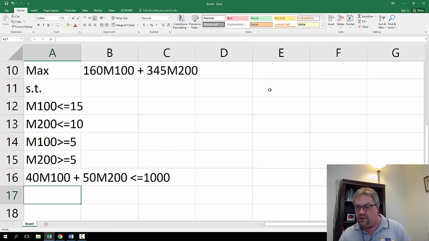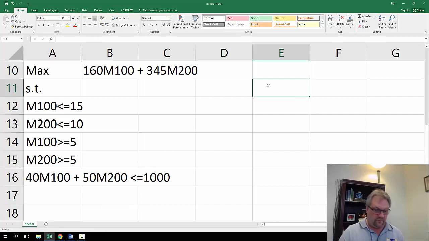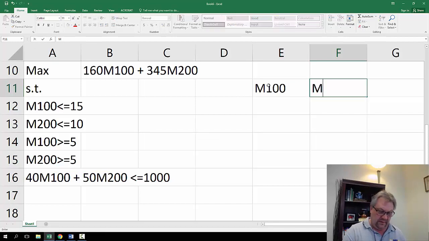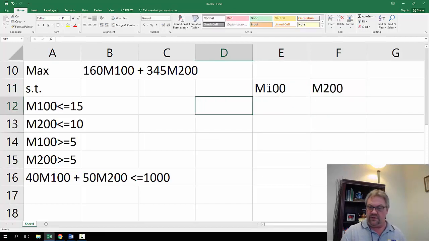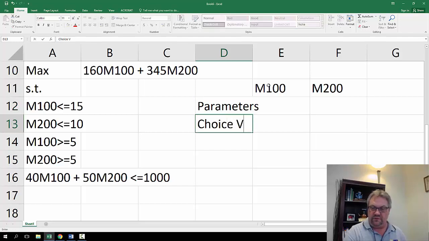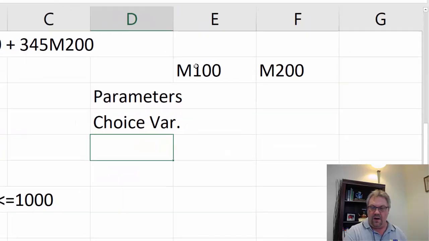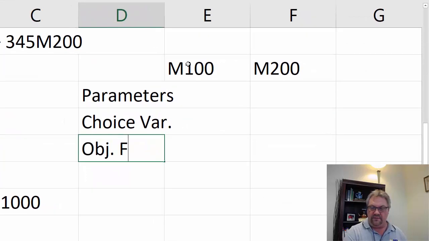So now what I want to do is set this up for Solver. M100, M200. My parameters, my choice variables, objective function.